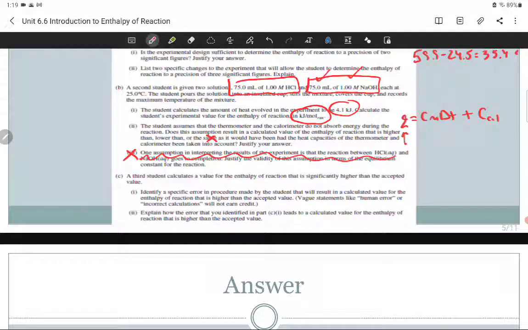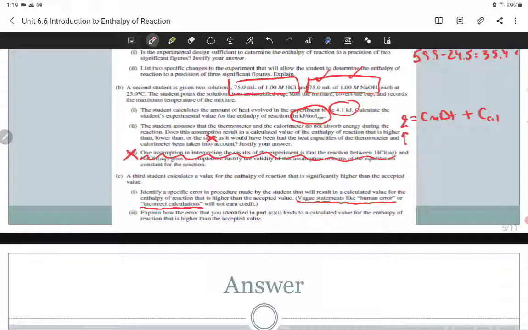Part C, a third student calculates the value for the enthalpy of reaction that is significantly higher than the accepted value. So we need a specific error. By the way, very rare that these guys tell you not to do this. But don't do it. Don't do it on a lab report.